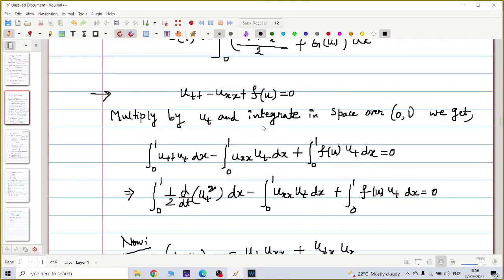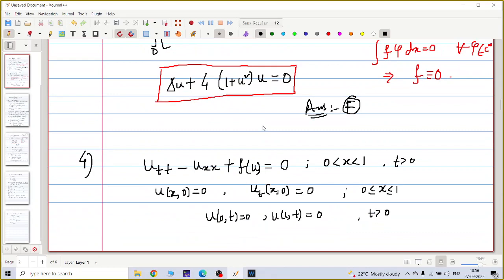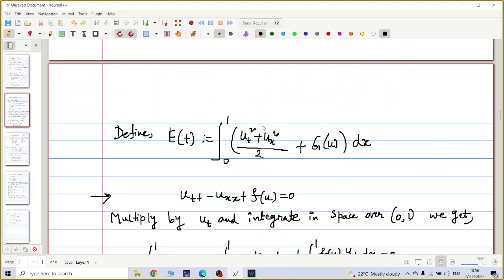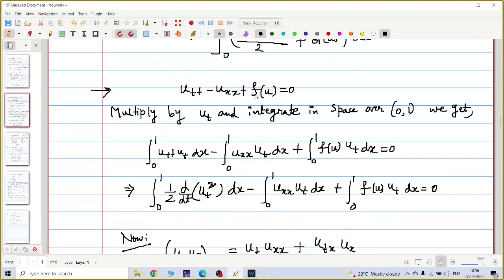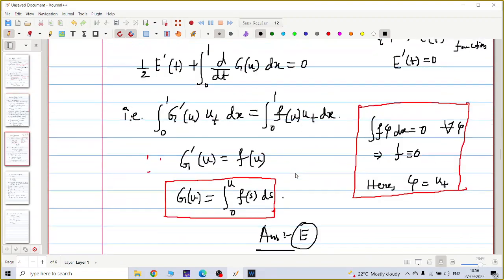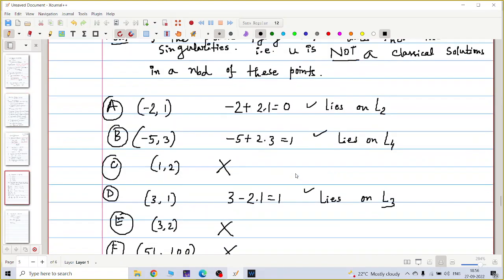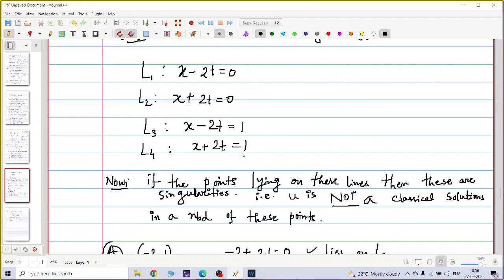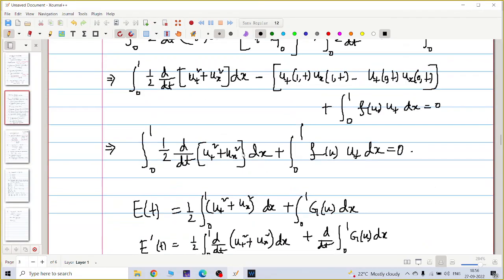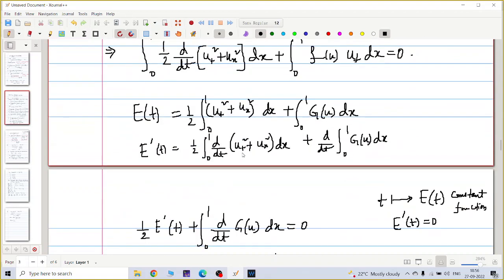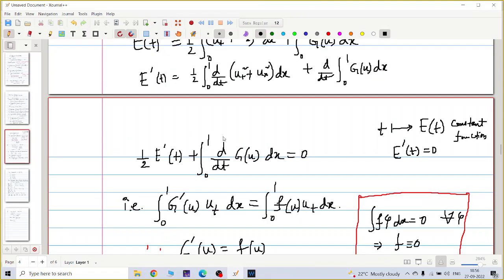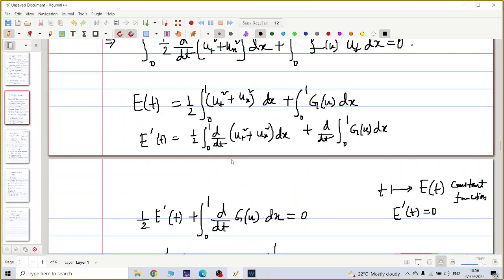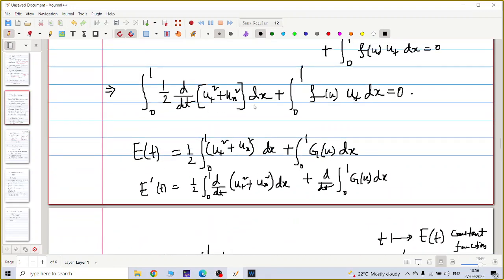If you compare my question number 4 equation with question number 7, you see there is some f in question number 4. F is there, and in question number 7 there is no f. That means f is 0. So if I do the same procedure, multiply by u_t and integrate by parts, I will get E dash t plus something, but something is not here. So I will get E dash t equal to 0 because my f is 0 here in question number 7.